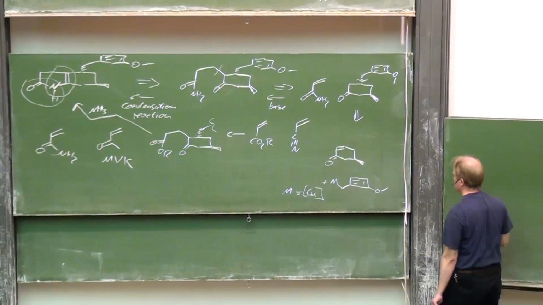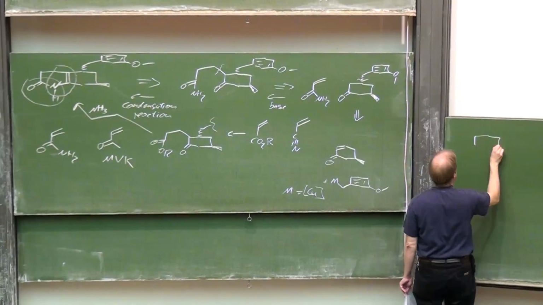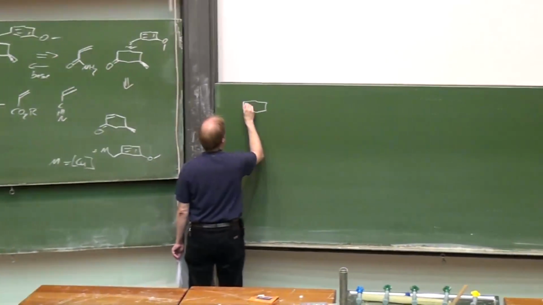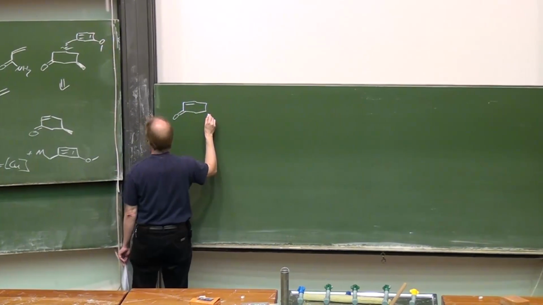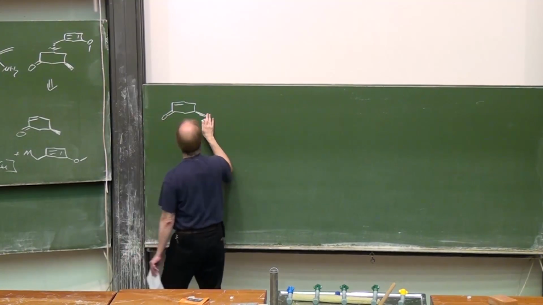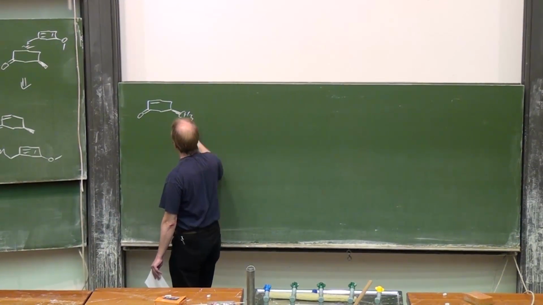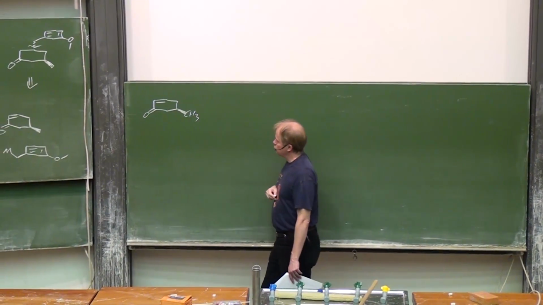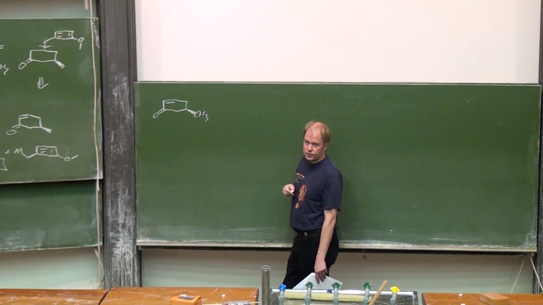Well, okay, so we are now down to a structure as simple as this one, a methyl cyclohexanone.